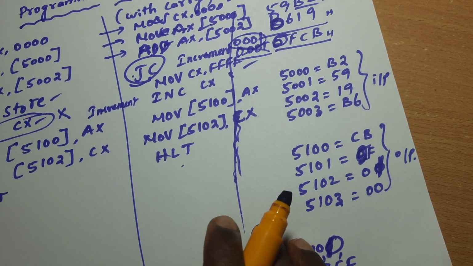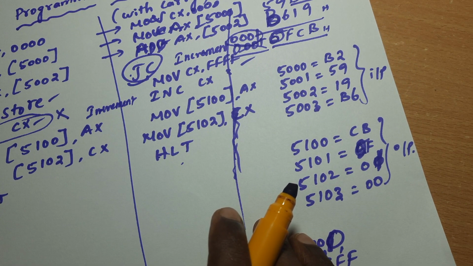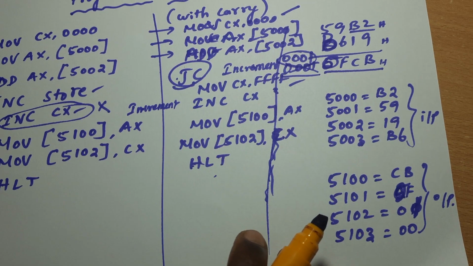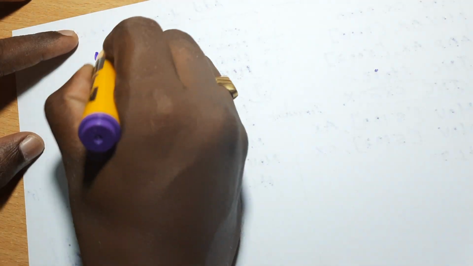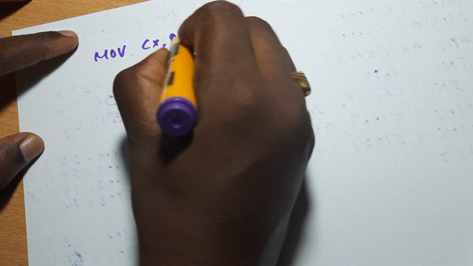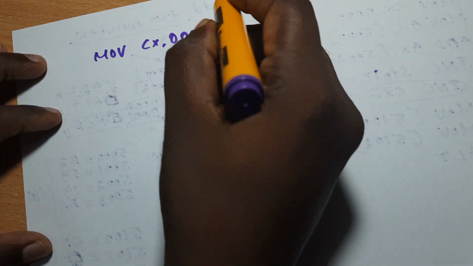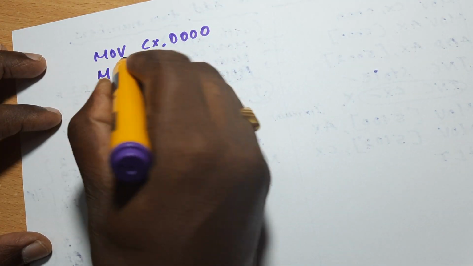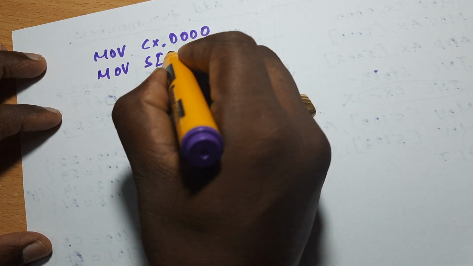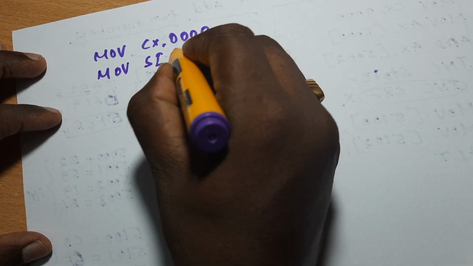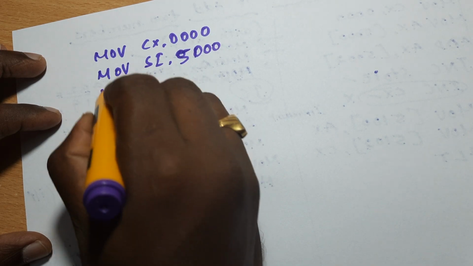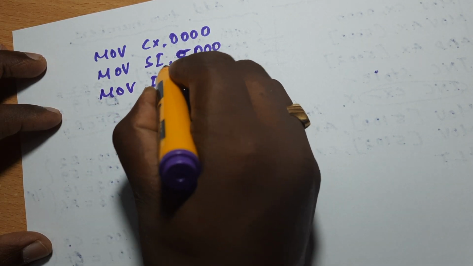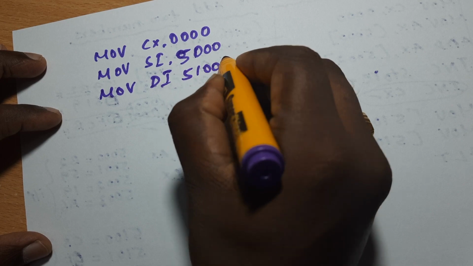The same thing can be written in register indirect addressing mode. I'll write it again. We are initializing CX to 0000 to get the carry. Next we are initializing the input address, say 5000, and then the output address, 5100.